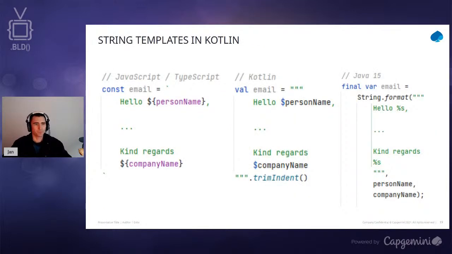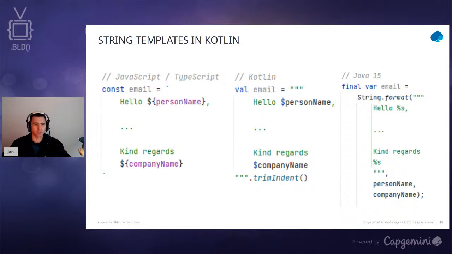JavaScript and TypeScript added string literals or string templates since ECMAScript 6. So you can use a backtick, define your string templates, and then just use dollar curly brace to put your variables directly into it. Kotlin is exactly the same, except the difference is you have to use triple double quotes, and you can also use dollar variable or dollar curly brace variable.